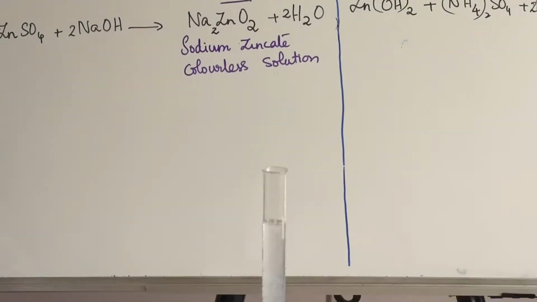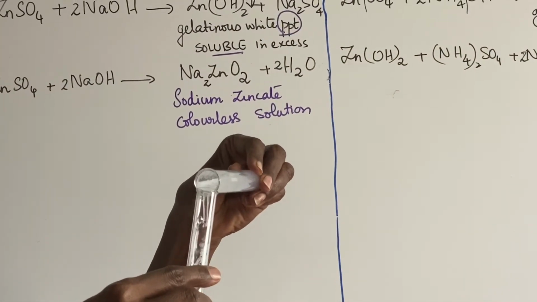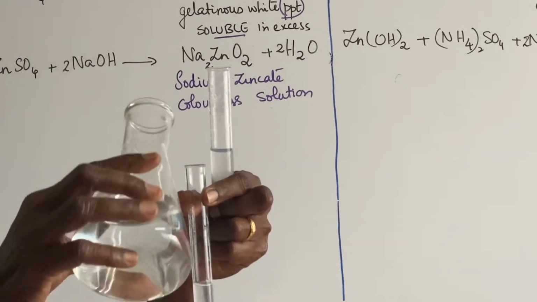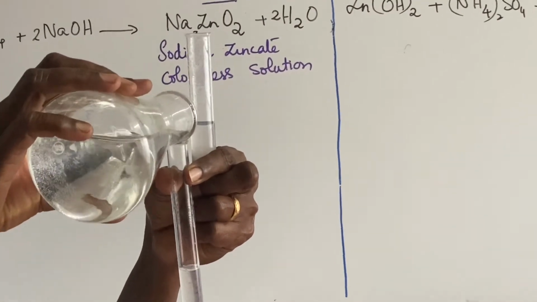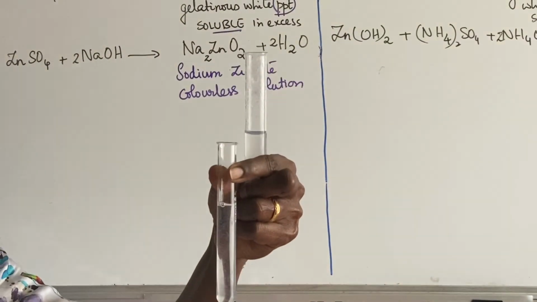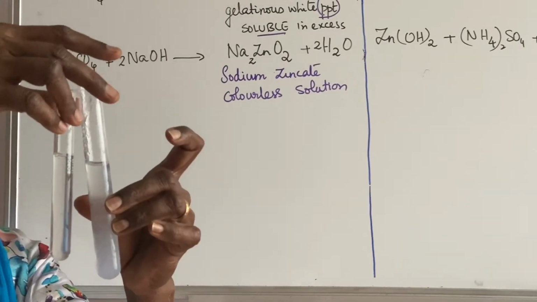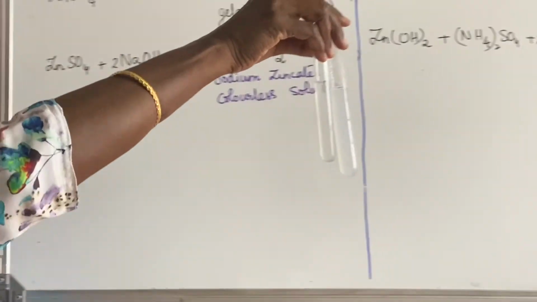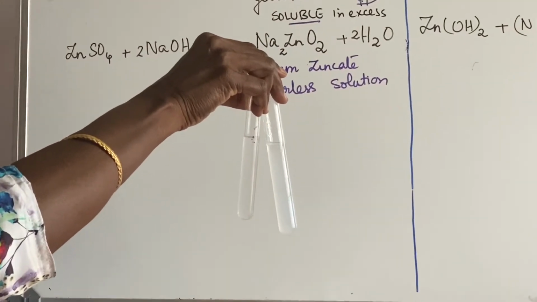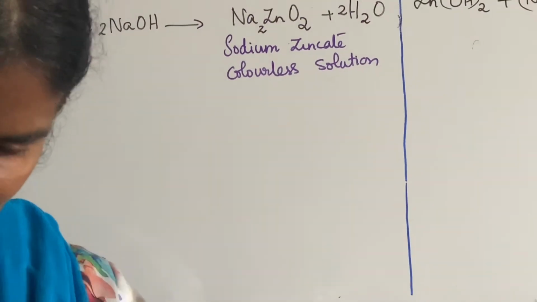If we could take just a little bit of this gelatinous kind, and if I add excess the solution, this precipitate dissolves almost and becomes colorless.